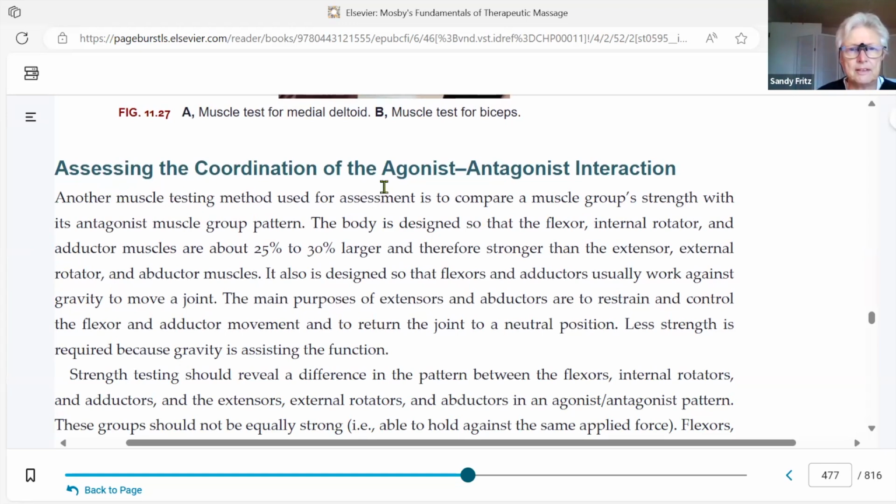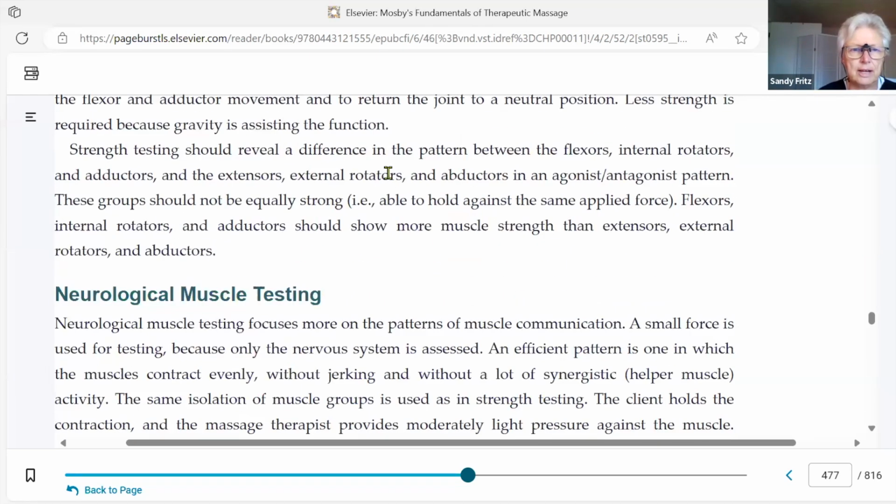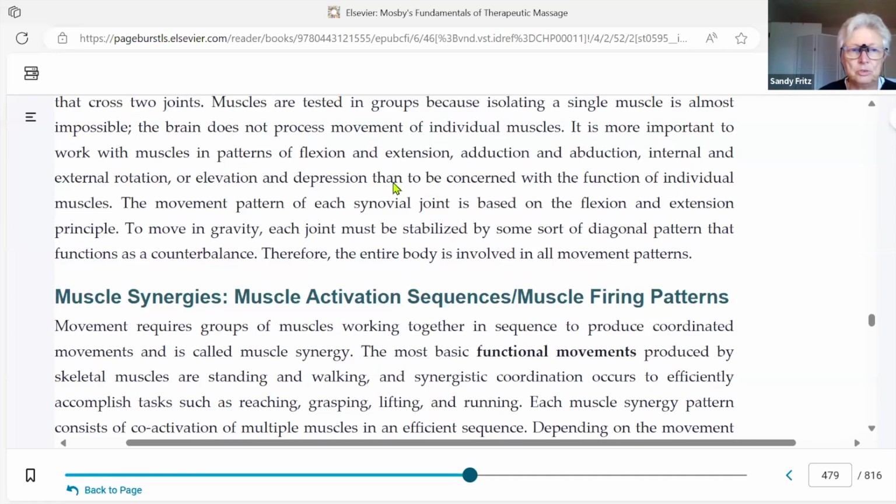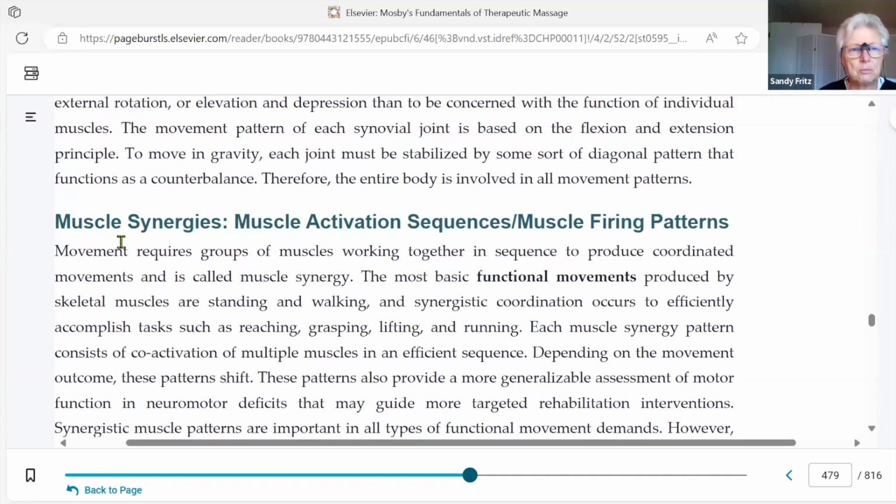So part of this then becomes the coordination between agonist and antagonist interaction, and how these muscle groups do interact. And one of the ways is these functional muscle groups called muscle activation sequences or firing patterns. Again, multiple names for the same thing.